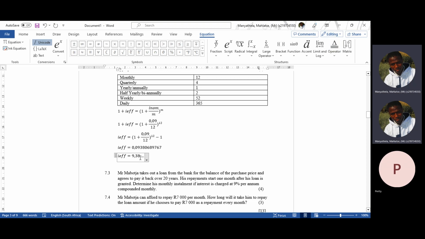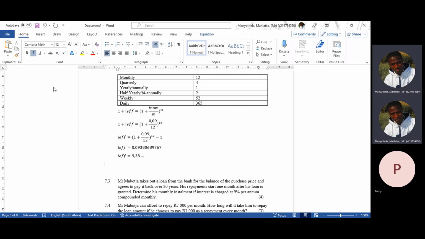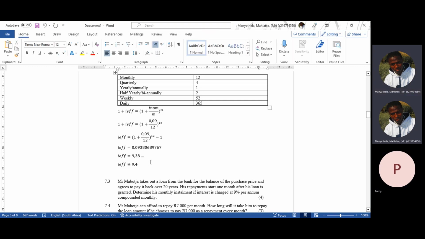So let's round it off to one decimal digit. Because it's 9.38, it will be 9.4, and this is approximately equal to 9.4%. And by so doing, you are done.